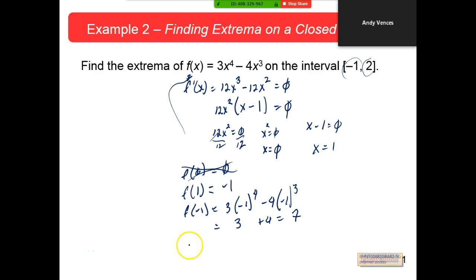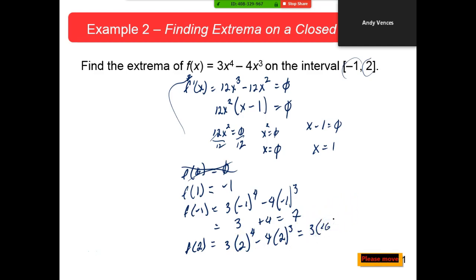2. Okay, so let's do f of 2. Oh, this is really going to take some effort, isn't it? 3 times 2 to the 4th power minus 4 times 2 to the 3rd power. And what is 2 to the 4th power? 16.